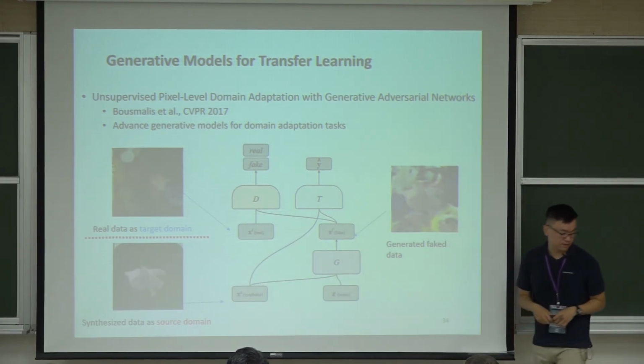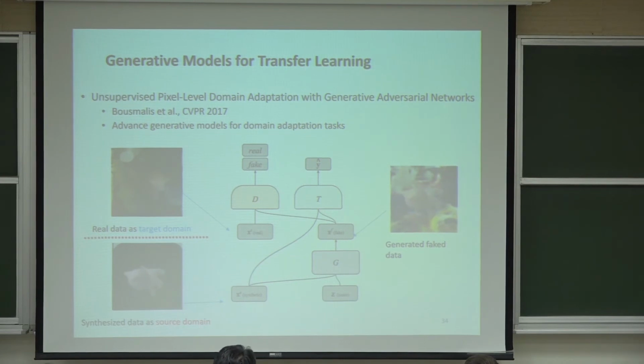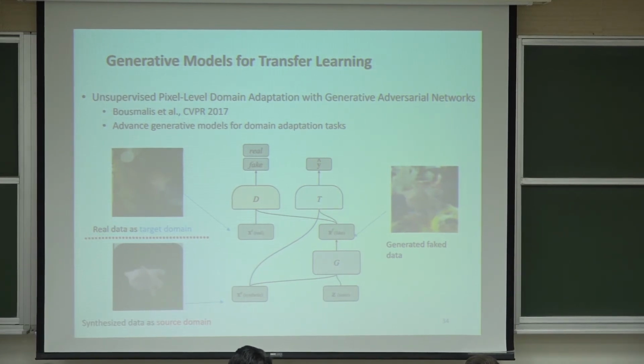I'm not sure it is readable or clear enough for you from the projector. But anyway, for the source domain data, we have the synthesized toy images. Like this one is a cat, right? This is synthesized data. And for the real data, for the target domain data, we have the toy model presented in the real background.